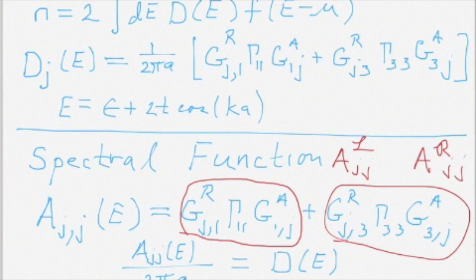So again, we're going to see that the spectral function, in this coherent transport picture, is just built up of the sum of what you inject from the left and what you inject from the right. The only thing that differs is that if we're doing electron density, we have to multiply each term by the respective Fermi function. Now, since it's the total number of states, your Fermi function would be 1 because you're counting every state. You don't care whether it's full or empty. Or you can think of it as F plus 1 minus F, the empty states plus the filled states. That's all the states.